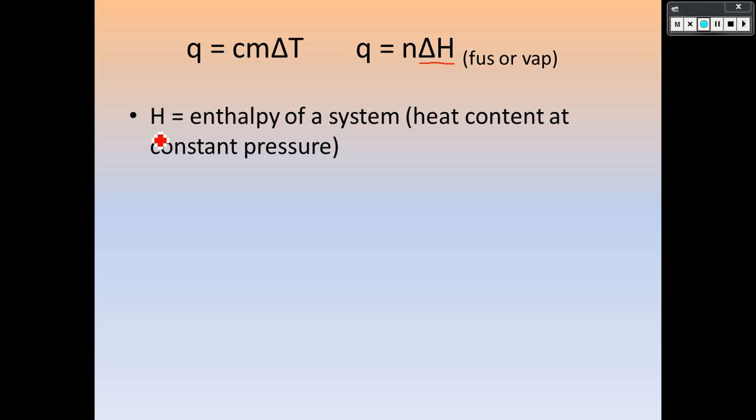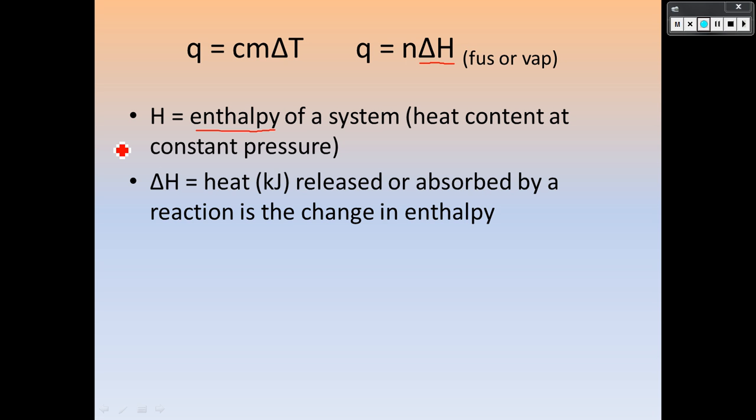So H is what's called the enthalpy of a system. That's a new word for a lot of you. And enthalpy is the heat content at constant pressure. So in all of these, we're assuming we are not changing the pressure of a system. Delta H, then, is the heat in kilojoules either released or absorbed by a reaction. And that is then the change in enthalpy.